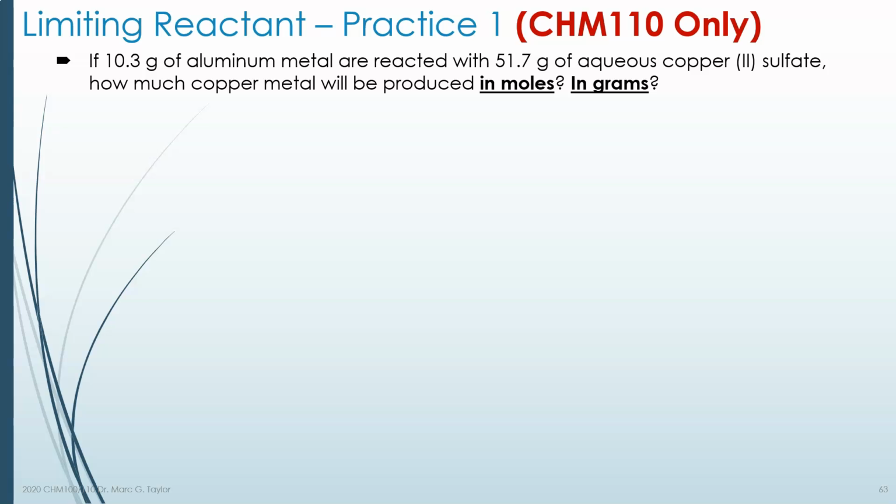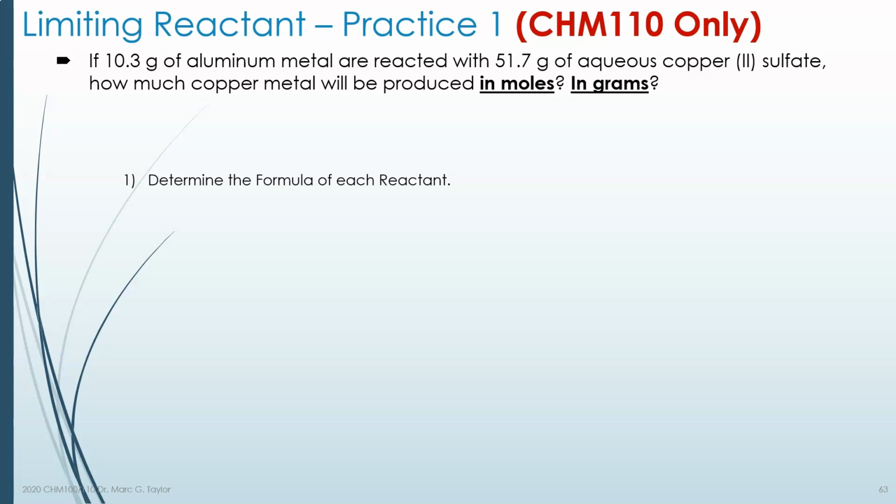So we can stop at the moles and compare moles for each of these two reactants. We can look at the aluminum metal and say, how many moles of copper will we make? And then we can look at the copper sulfate, and we can say, how many moles of copper will be produced from that? And whichever one is less, that's the important one, and you can convert the lesser of the two to grams, and that'll be your correct gram value.